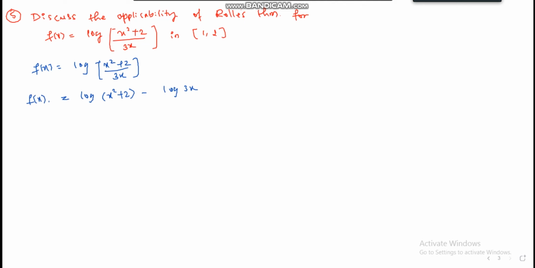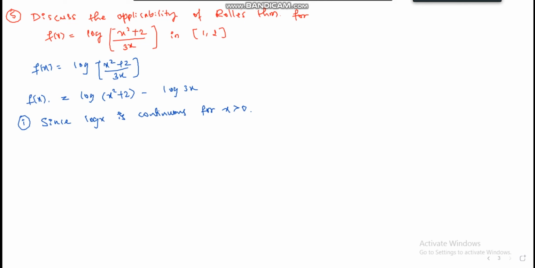We go for the first step. We know that log x is continuous when x is greater than 0. So since log x is continuous for x greater than 0, f(x) is also continuous for x greater than 0.